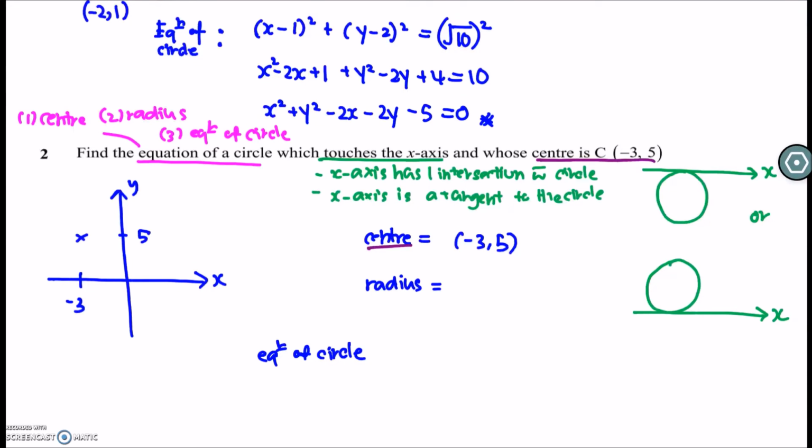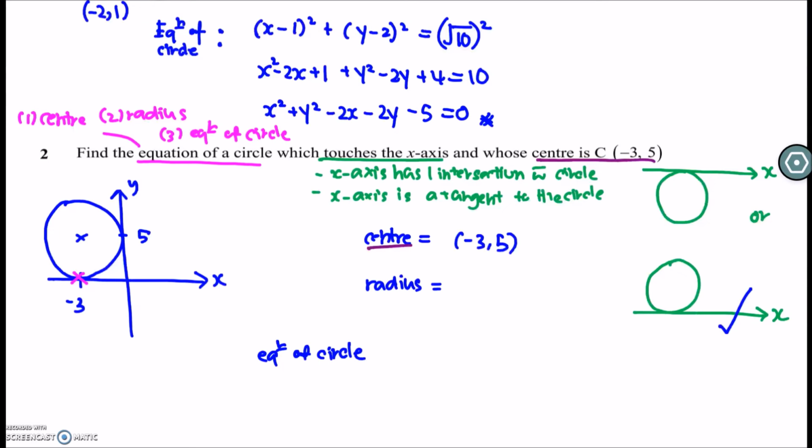So given the concept that it touches the x-axis, my circle can only fall above my x-axis. So in this case, this situation. So let me draw my circle. So this becomes the intersection point where the circle touches the x-axis.